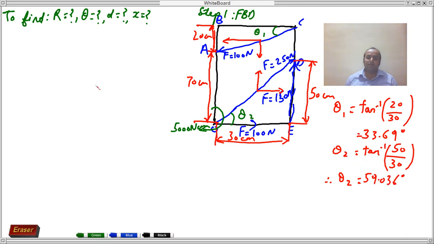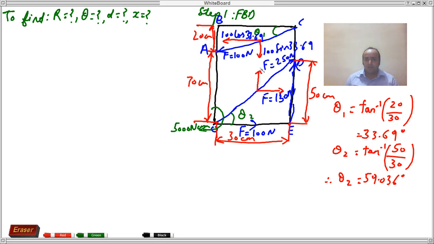59.036 degrees. Okay, so once we are done with this, we can show the resolutions over here. This is going to be 100 cos of 33.69. Here it will be 100 sin of 33.69.